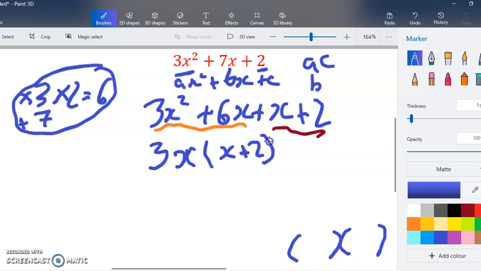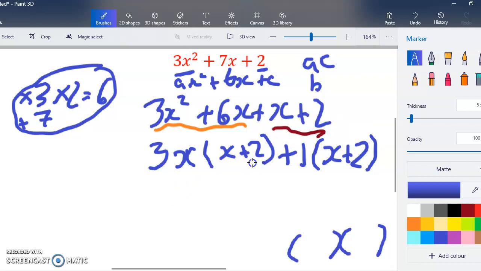Now the second one has no common factor, so we'll just say plus 1 bracket x plus 2. Now the reason I'm putting a 1 there is just to make it clear that we didn't factorize at all, but actually we could always take out the common factor of 1, because 1 times x gives you 1x, 1 times 2 gives you 2, so it would work.